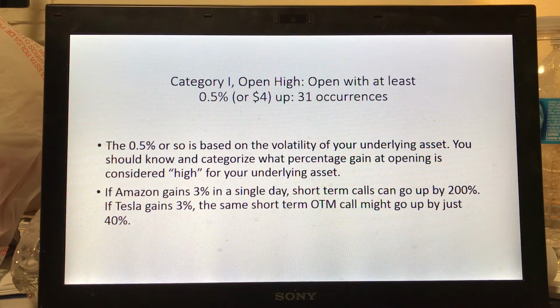So we'll begin analyzing Amazon's stock price over approximately 180 trading days.